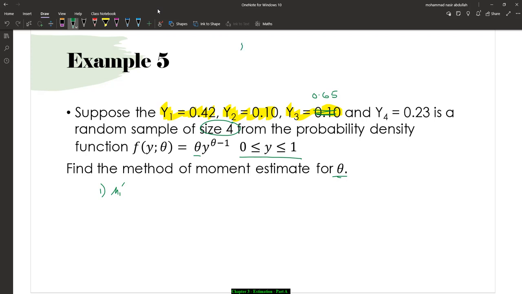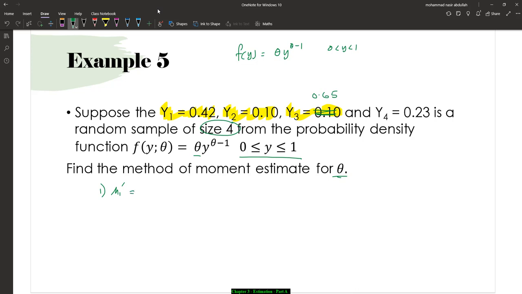So let's look at the f of y here. We only have theta y power of theta minus 1, from 0 to 1. So we only have one parameter here. So since we only have one parameter, we only compute the first moment about the origin.